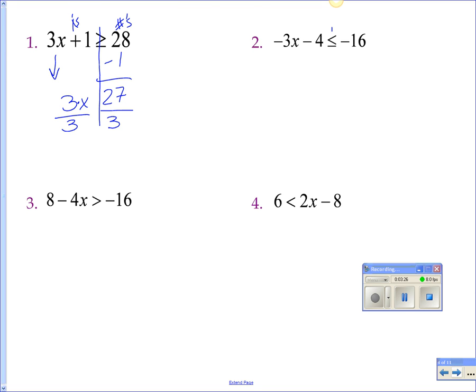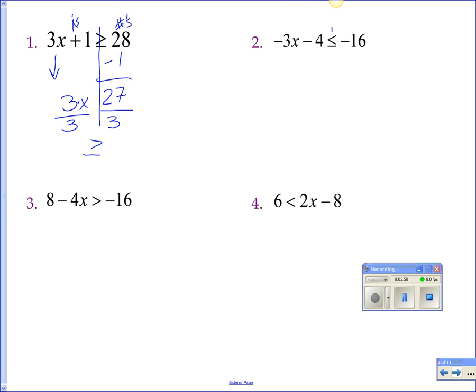Positive 3 or negative 3? Positive 3. So the sign just drops down. It doesn't change. It only changes when you divide by a negative.